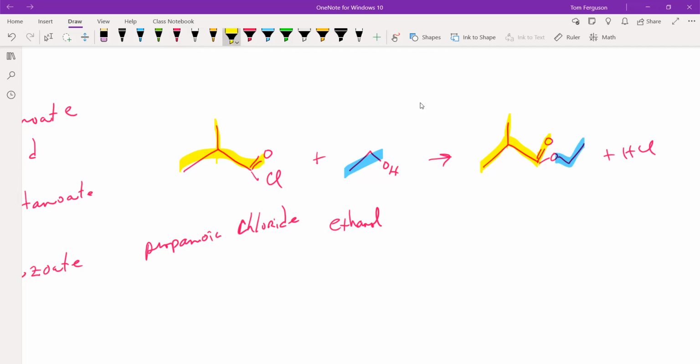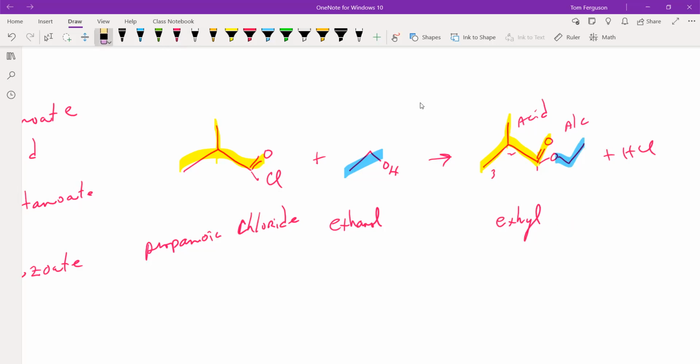Now, first thing we have to do is name the alcohol part. Alcohol part of the ester, so that's going to be ethyl. And then the acid part is going to be 1, 2, 3. Let's see.